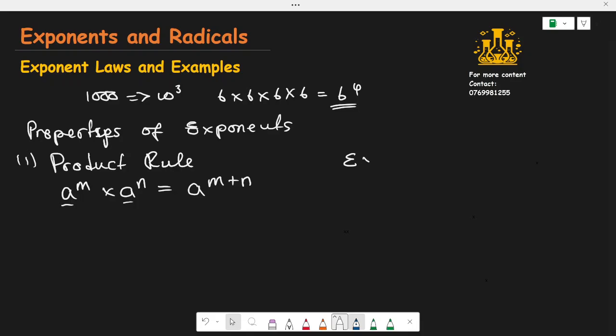An example of this would be 5 to the power 2 times 5 to the power 3. This can be written as 5 to the power 2 plus 3, which is equal to 5 to the power 5.